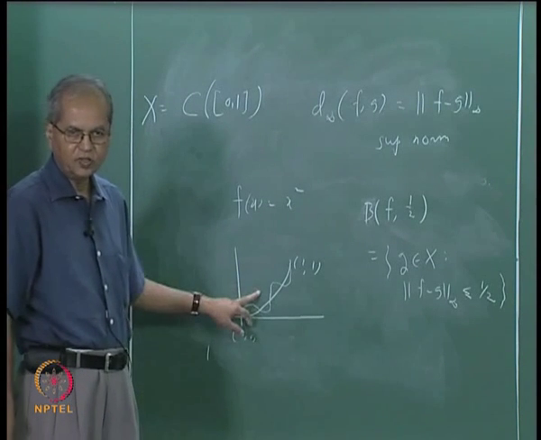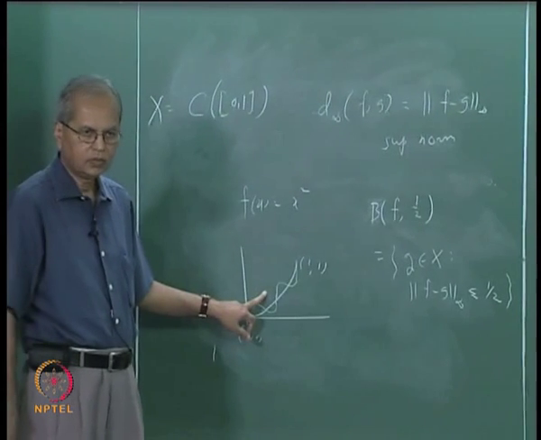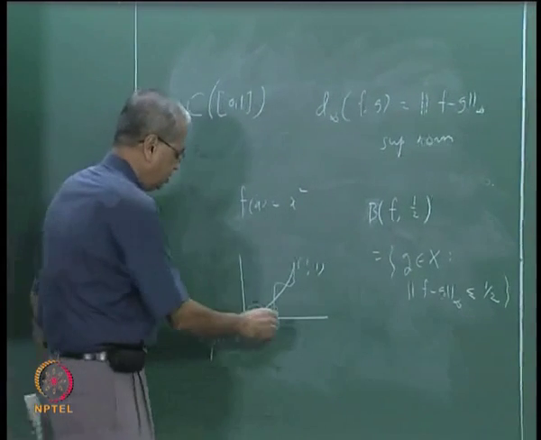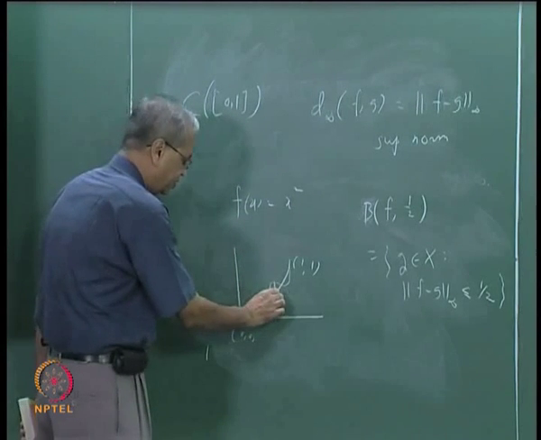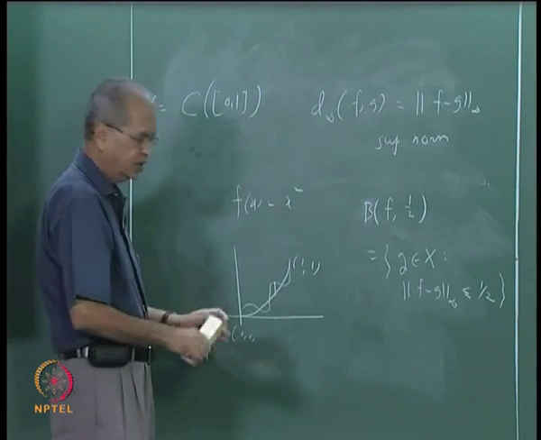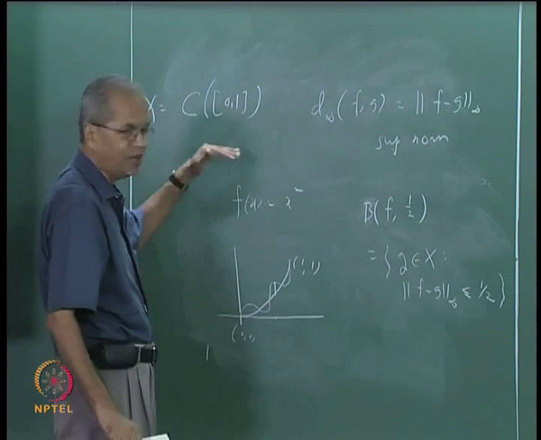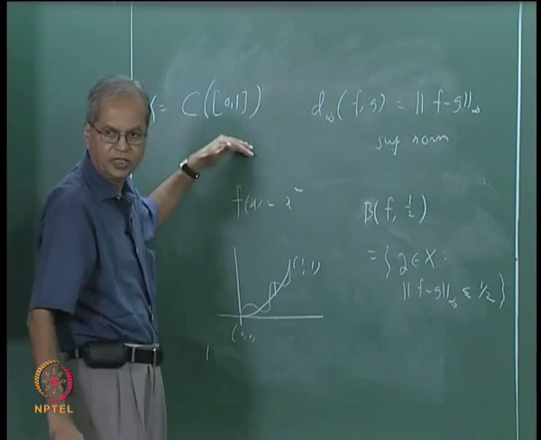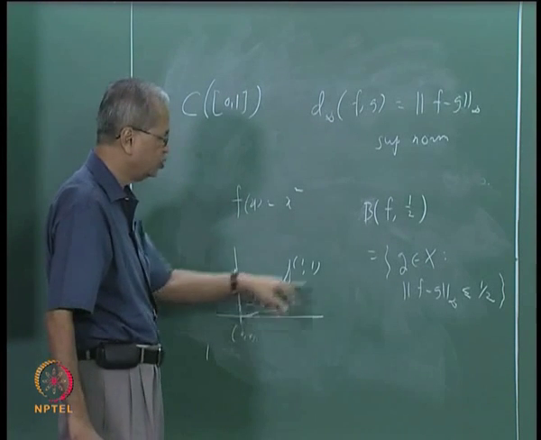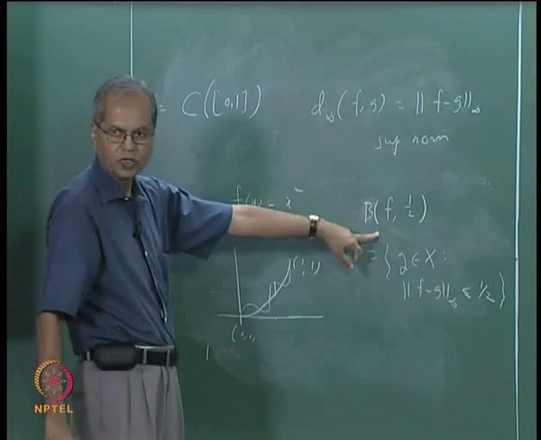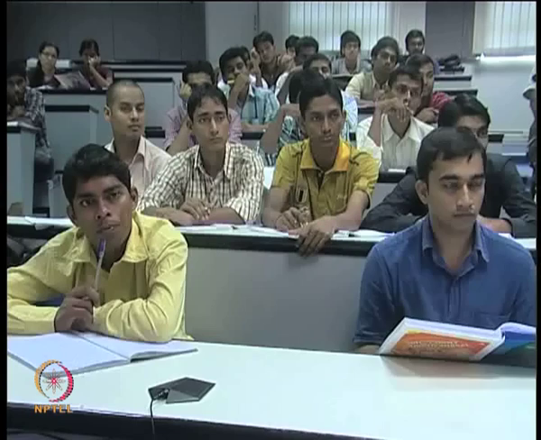How is it defined? At each point you consider the difference f(x) minus g(x), and you take the supremum. In fact in this case it will be a maximum because it is a closed bounded interval. So the maximum difference between f(x) and g(x) should be less than or equal to half.